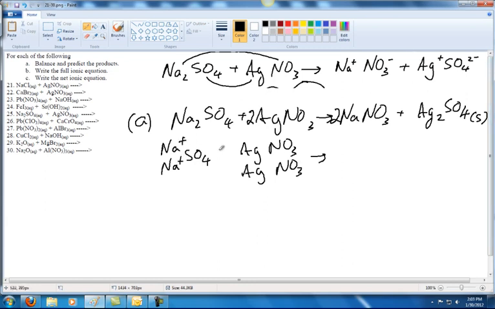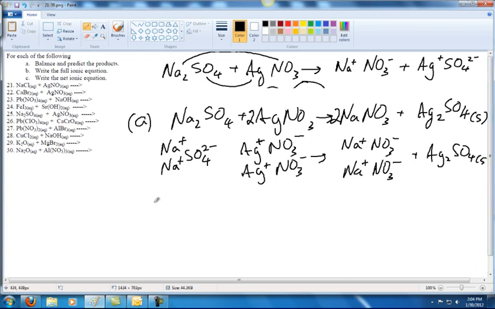So we've got Na plus, SO4 2 minus, Ag plus, NO3 minus, Ag plus, NO3 minus. Down here we've got NaNO3, and we've got two of those. So that's going to be negative, negative, positive, positive. And the silver sulfate doesn't split up into ions because it's a solid.